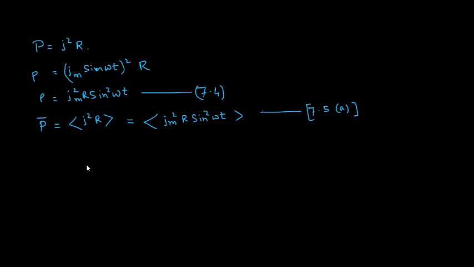Now we can write P mean is equal to Im square R sine square omega t mean. That is 7.5b.